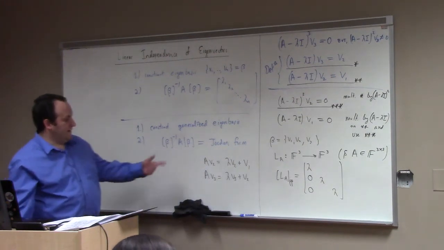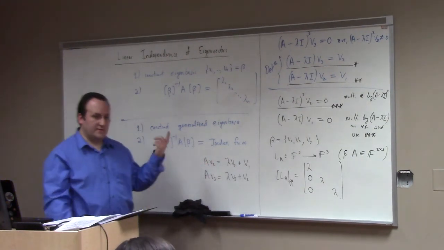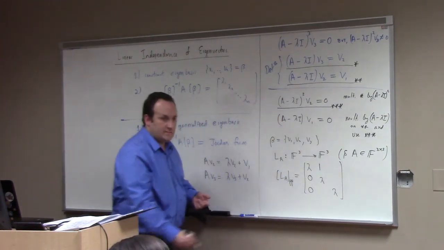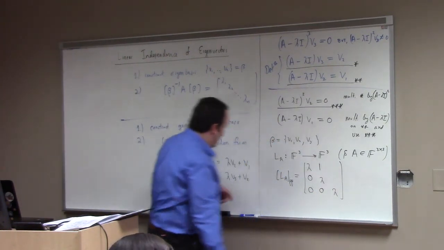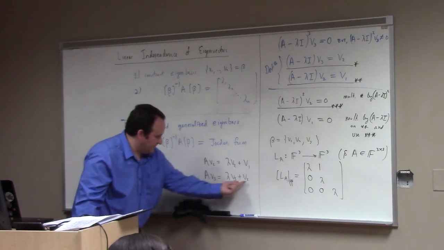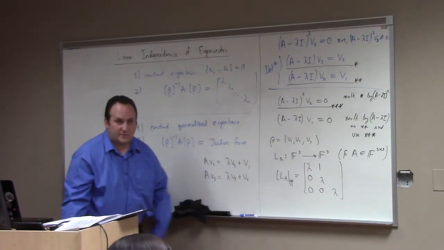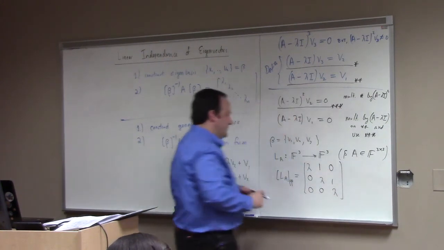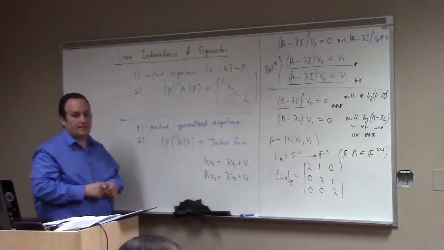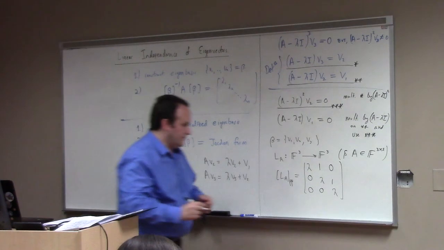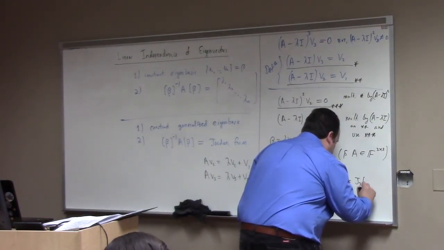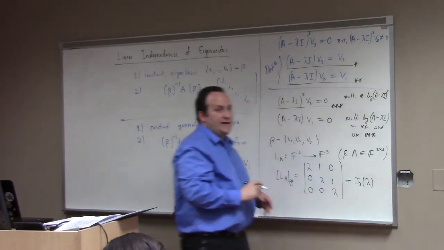So the fact that A V2 is lambda V2 plus V1 puts a 1 on the superdiagonal here, and a 0 down here. And this puts a 1 on the superdiagonal for the third column, like that. This, folks, is what's called the Jordan block of order 3, the 3 by 3 Jordan block with eigenvalue lambda.